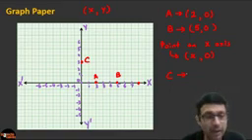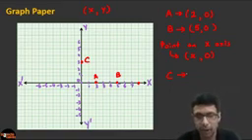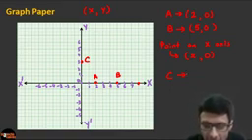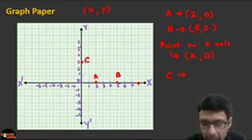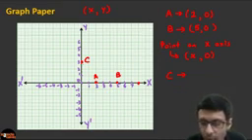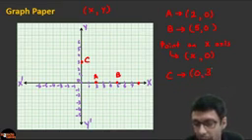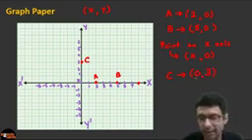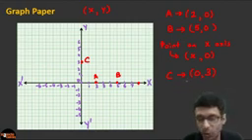So what is going to be the coordinates of C? Can you see on C, the x value is 0, right? Because it is not moving. If you drop this perpendicular line, it's going to hit the 0 of x. So the x value is 0, but the y value is 3 because it has a value in y. You guys can see that, right? So it's going to be 0, 3.